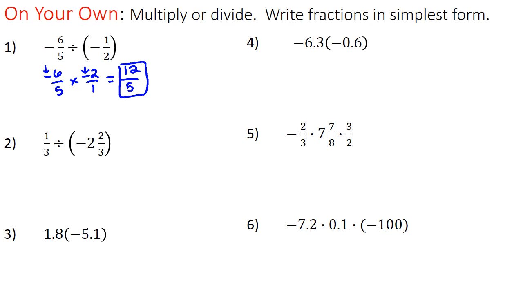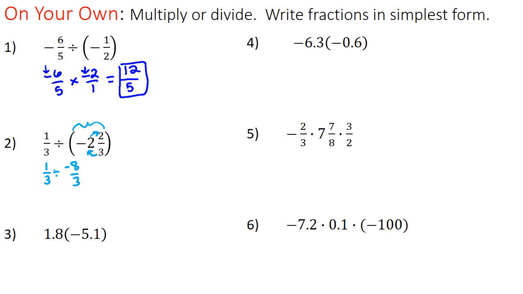For problem number 2, again, we are working with fractions, and when we're dividing by fractions, we want to instead multiply by the reciprocal. But my first step here is going to be changing this fraction right here into an improper fraction. So 3 times 2 is 6 plus 2 is 8, so I have 1 over 3 divided by negative 8 over 3.